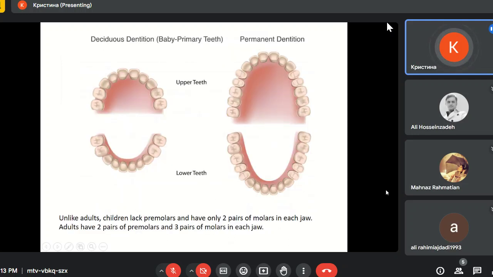Here you can compare the teeth of a baby, the deciduous teeth and the permanent teeth. Unlike in baby, here in the adult we have the premolars and third molars in each part of the jaw.